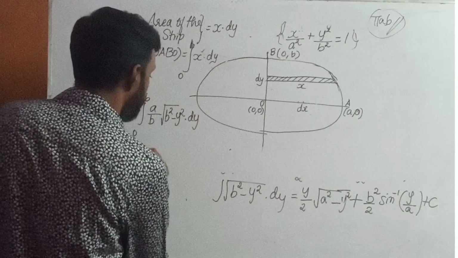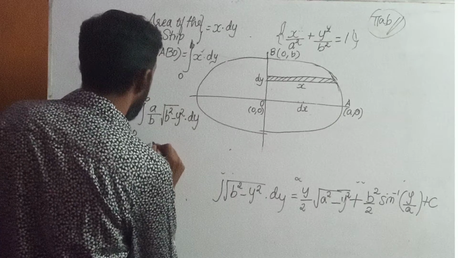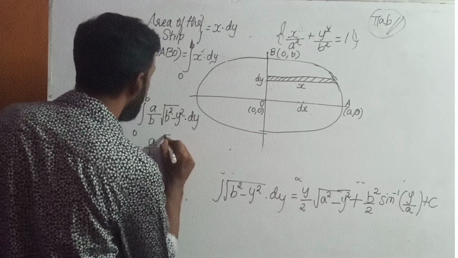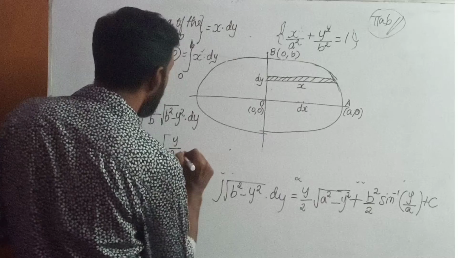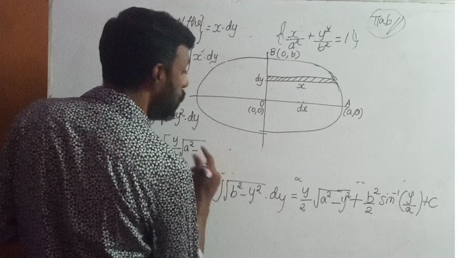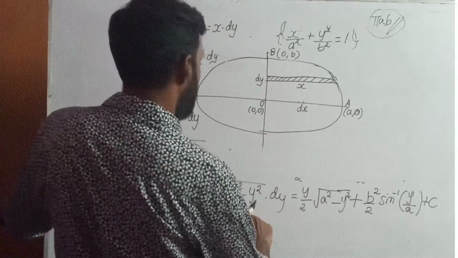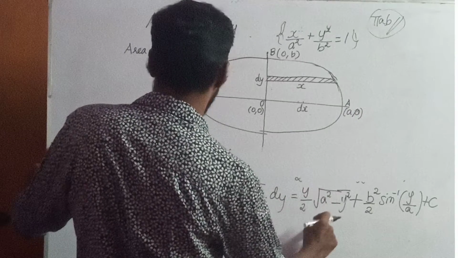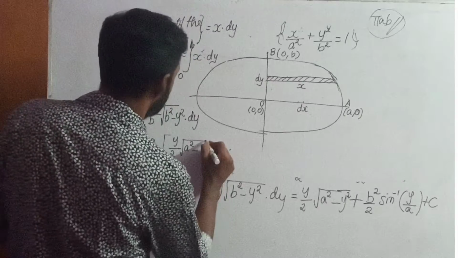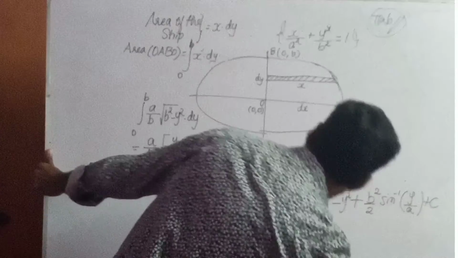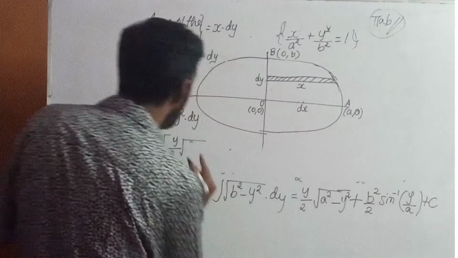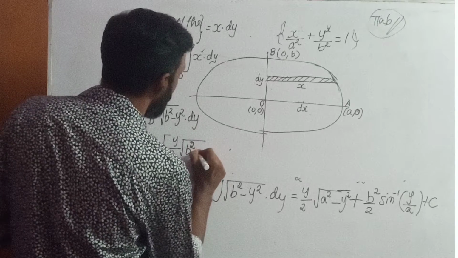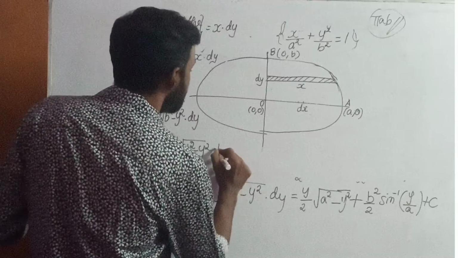So it will be a by b, I am putting it outside, a by b into y divided by 2 into root of b squared minus y squared, plus a squared.